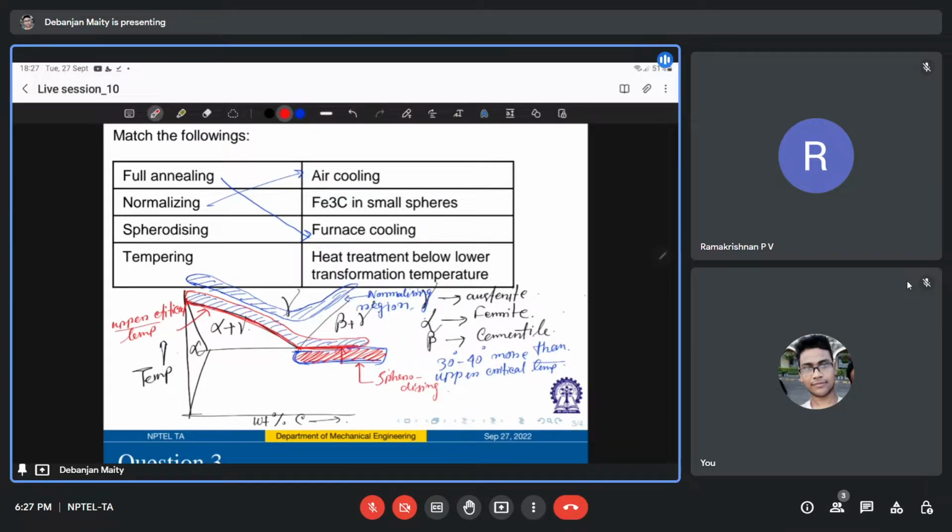So basically, in spheroidizing, all the cementite is in the form of small spheroids, and it is dispersed throughout the ferrite matrix, right? And if you see, tempering is always associated with a term called quenching. So you always call it quenching and tempering.